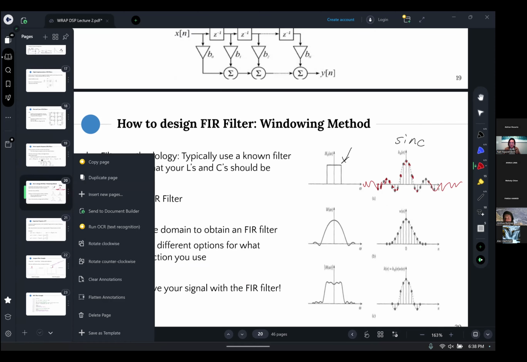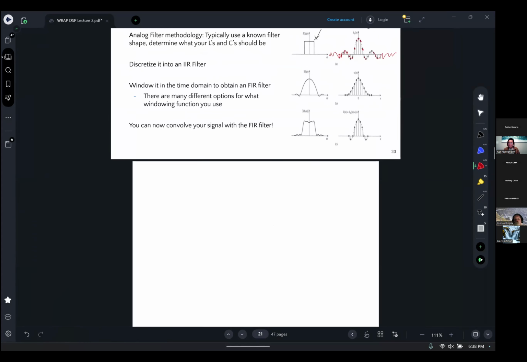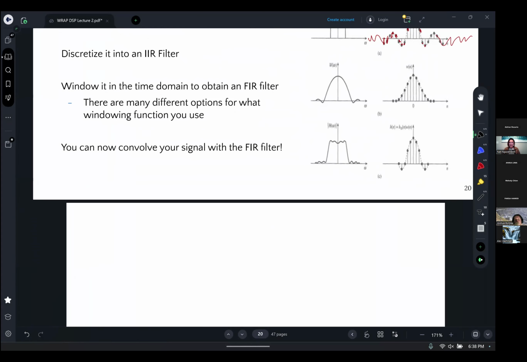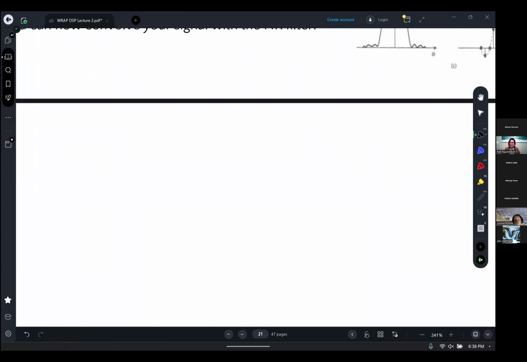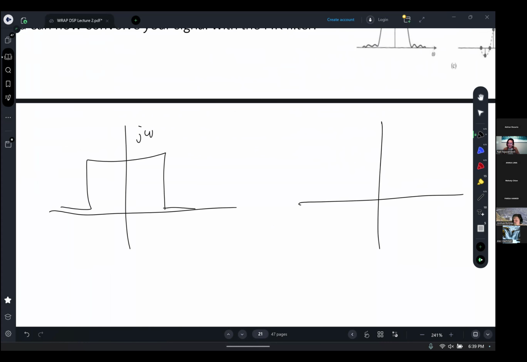Usually we just use the MATLAB version of the filters, so we don't actually care about generating it ourselves. But let's just say we want to generate a filter representing this ideal low pass filter. That's going to give us a sinc function as the impulse response.